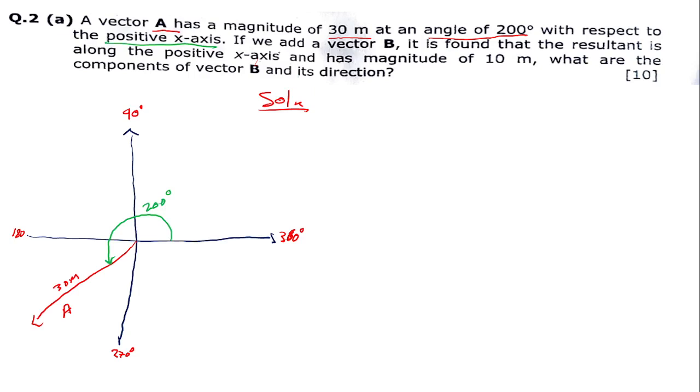Then we have been told if we add a vector B, it is found that the resultant is along the positive x-axis and has a magnitude of 10 meters. What are the components of vector B?